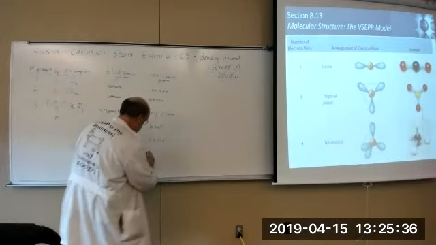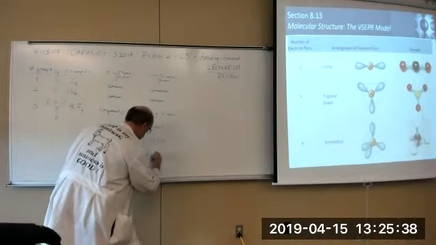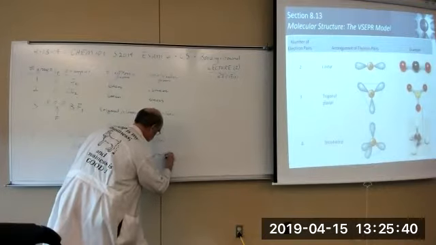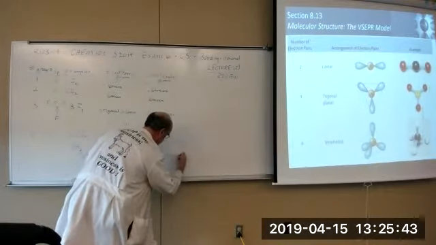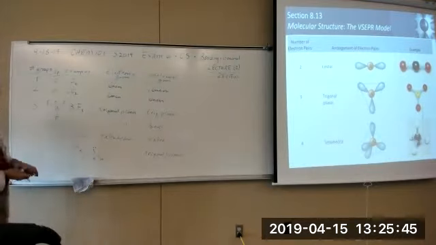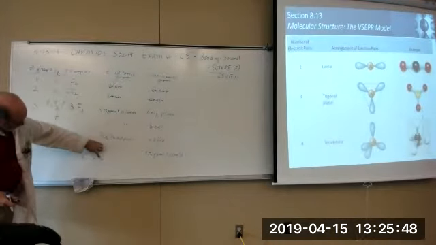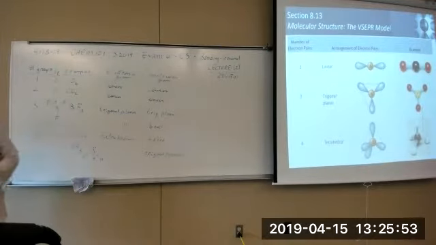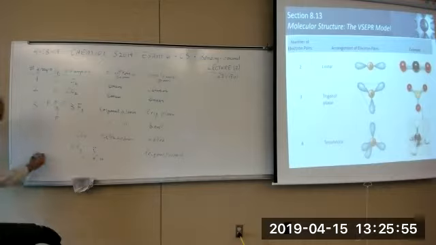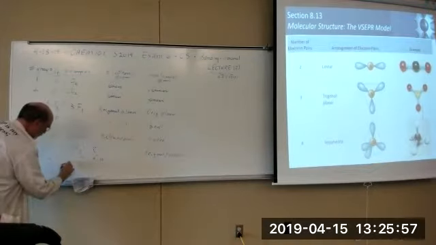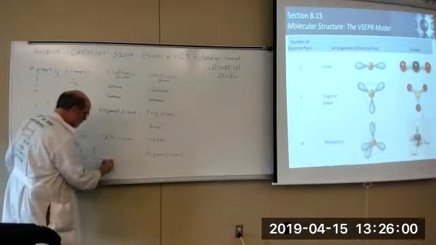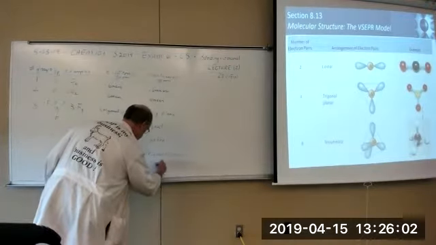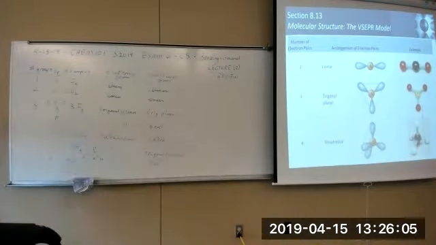This gives you a trigonal pyramid. Right? So you cover up that lone pair, what do you have? You have a triangular base with nitrogen at the apex. That's your trigonal pyramid. If you have two lone pairs, we've already done this one, that's water, then your tetrahedron becomes bent. Okay?